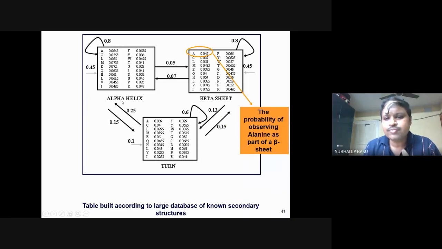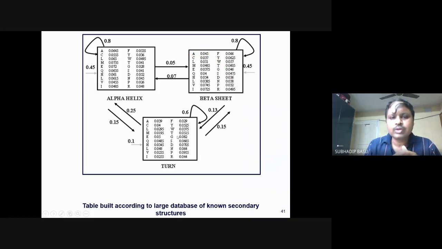So there is an 80% probability of a helix becoming helix in the next state. Helix to beta sheet is 0.05, so only a 5% probability that the next one is a beta sheet. But helix to turn is 15%. So once it is helix, the next state becoming turn is 15%. So this is the state transition probability.